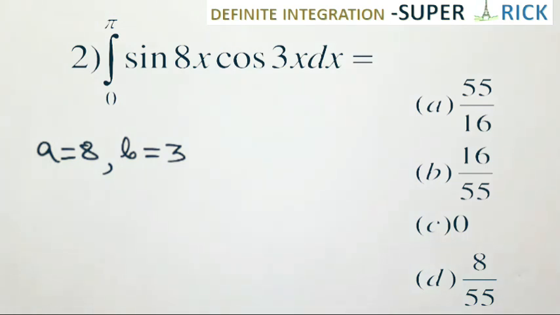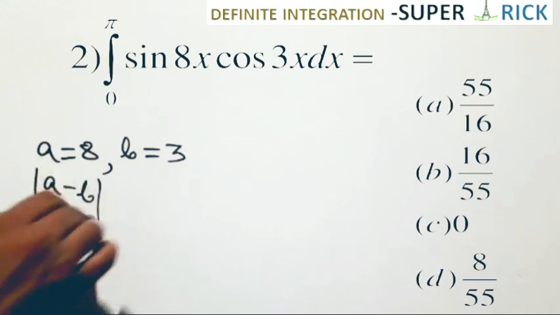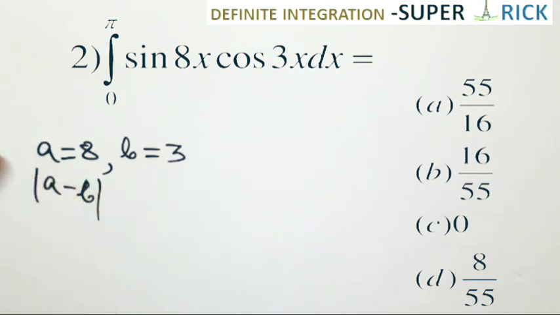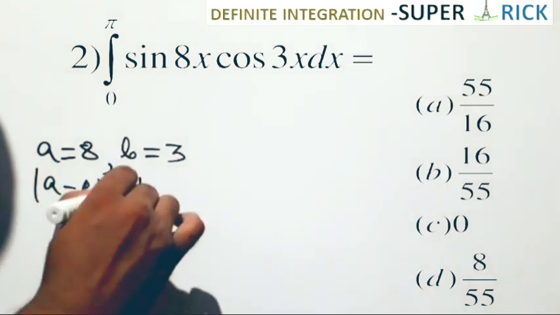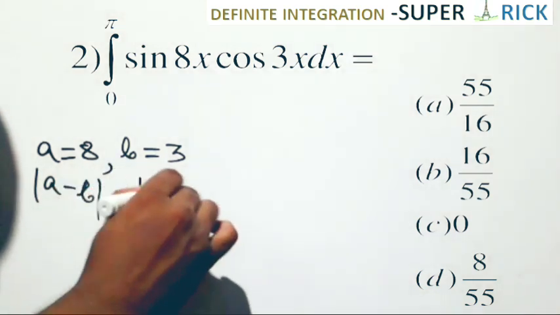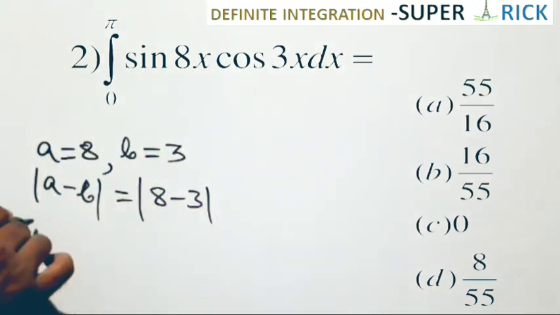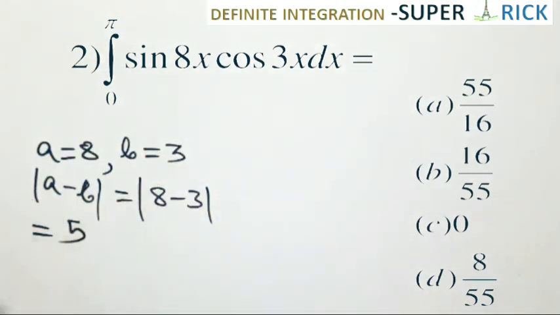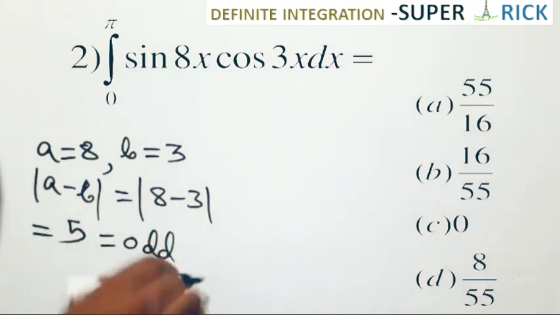Now what do we have to check? We have to check mod of a minus b, whether it is an even or odd number. So here this is equal to mod of 8 minus 3, so this is equal to 5. This is an odd number.